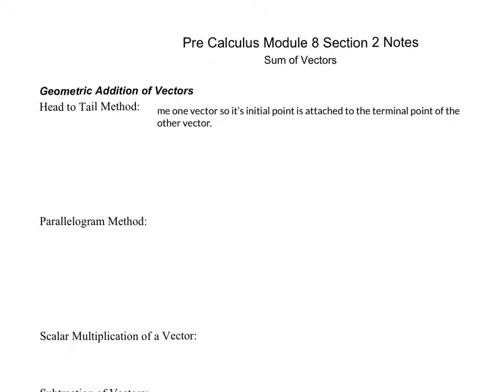The resultant vector, so the vector we're trying to find when we add them together, points from the initial point of one vector to the terminal point of the other.